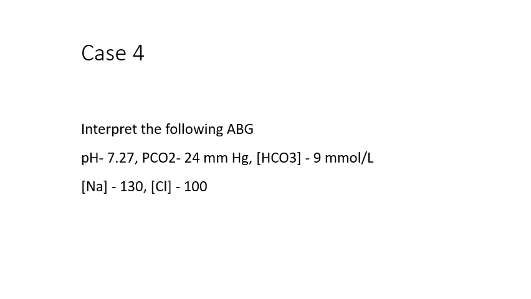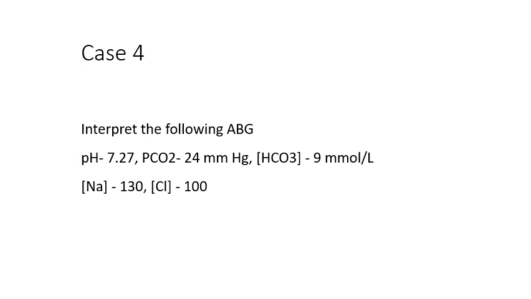Interpret the following ABG: pH of 7.27, PCO2 of 24, bicarb of 9, sodium of 130, and chloride of 100. It is very important to remember that whenever they are giving you the values of sodium and chloride and bicarb in the given ABG, it means that they expect you to calculate the anion gap.